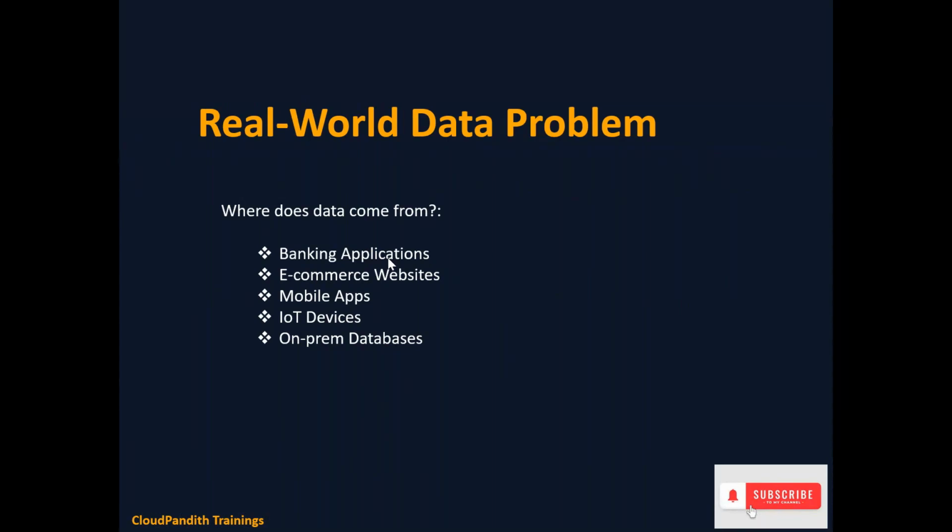Similarly, if you consider e-commerce websites, when you search for products in Flipkart or Amazon, add an item to a cart, or place or cancel an order, every action creates data. This data helps companies understand customer behavior. Similarly, mobile apps generate data whenever a user clicks, scrolls or opens screens.